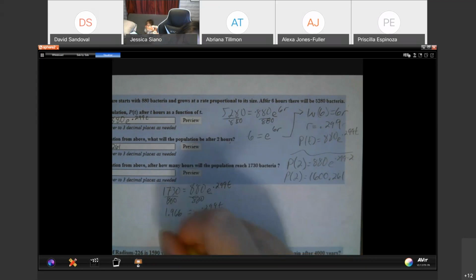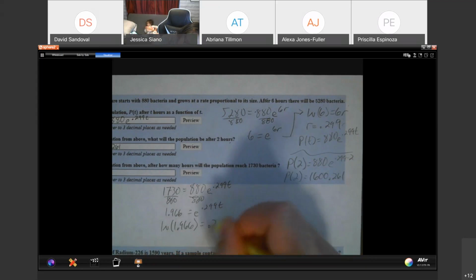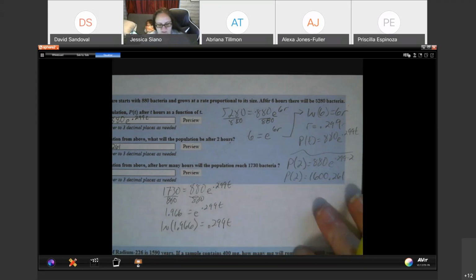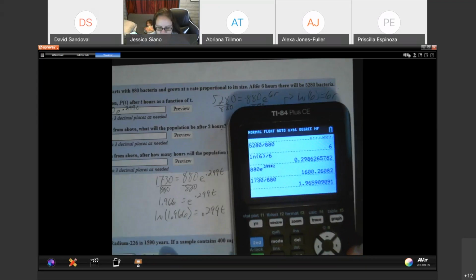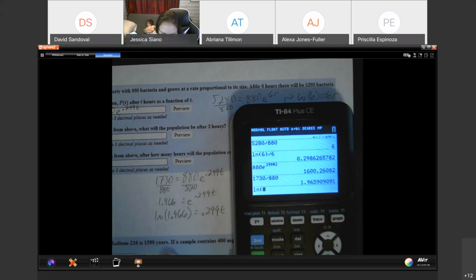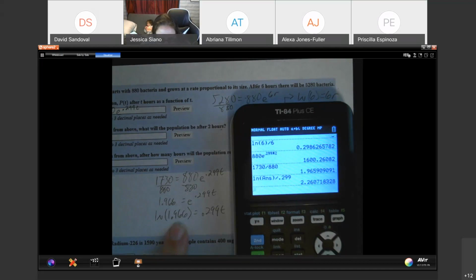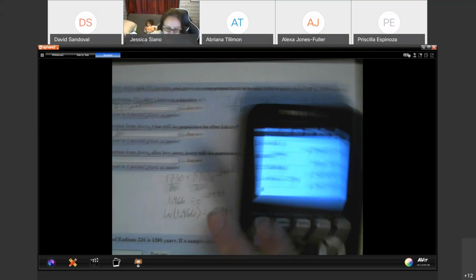So then the ln of 1.966 equals 0.299 t. Of what I just had, divided by 0.299. 2.261 hours.